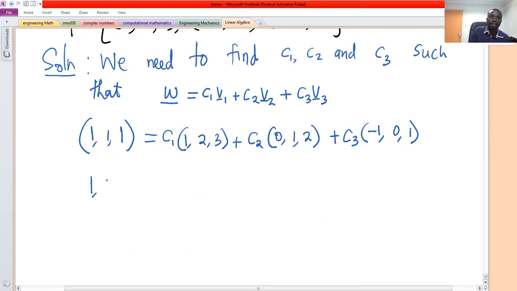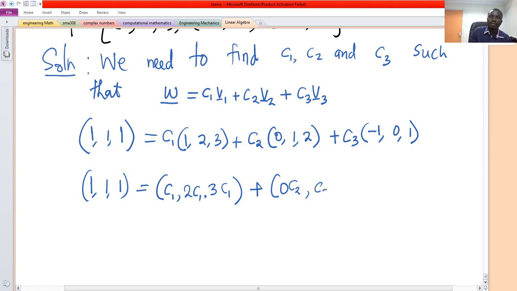So we'll have (1, 1, 1) equals C1 times 1 is C1, C1 times 2 is 2C1, C1 times 3 is 3C1, C2 times 0 is 0 C2, C2 times 1 is C2, C2 times 2 is 2C2, plus C3 times negative 1 is negative C3, and then 0 C3, and then C3.